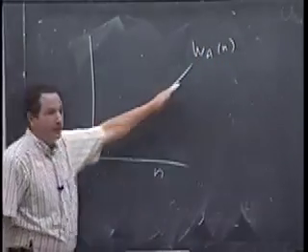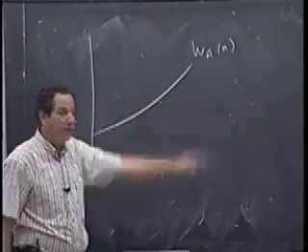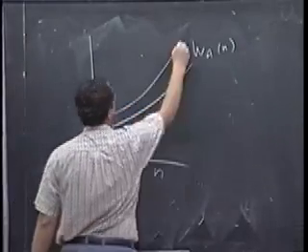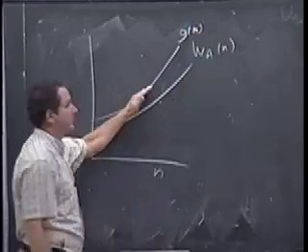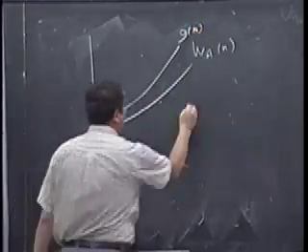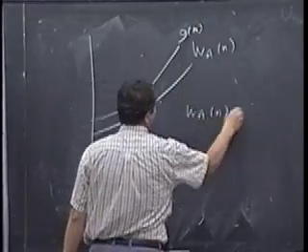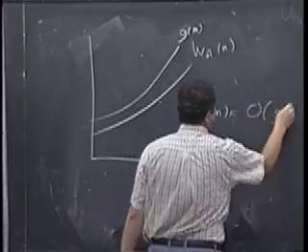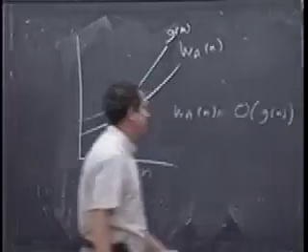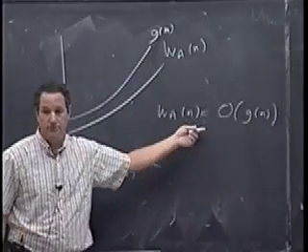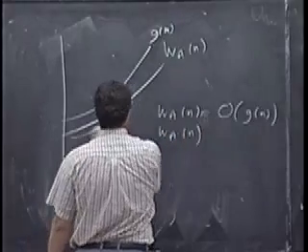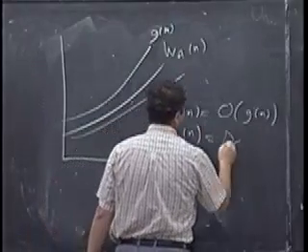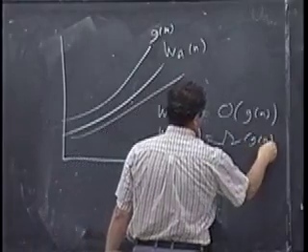Mostly, we're not going to be able to get our hands on this exactly, but we'll be able to get our hands on some functions here, g of n, where we know that W_A of n is big O of g of n. That's the kind of thing we'll be able to prove. Or we'll have W_A of n is omega of g of n.